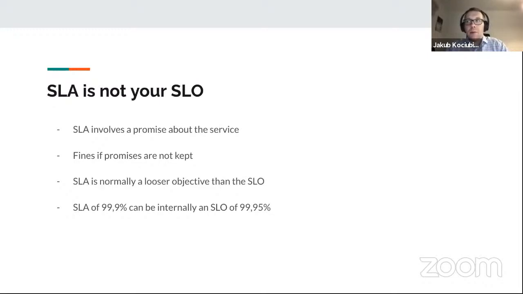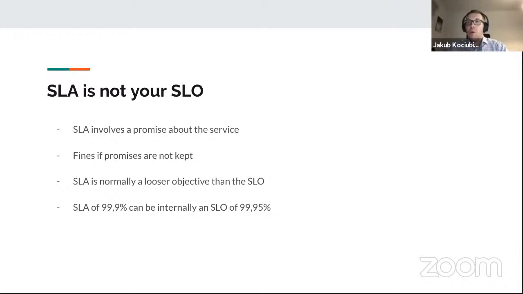Now, what a lot of you may have heard is SLA. So this term SLA. The difference between SLAs and SLOs is that an SLA is a target that you agree on with the customer or with someone, and if you break it, there's a penalty for it. So this is a bit different than an SLO. An SLO is something internal.